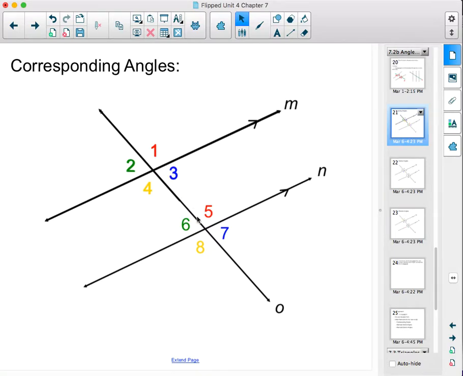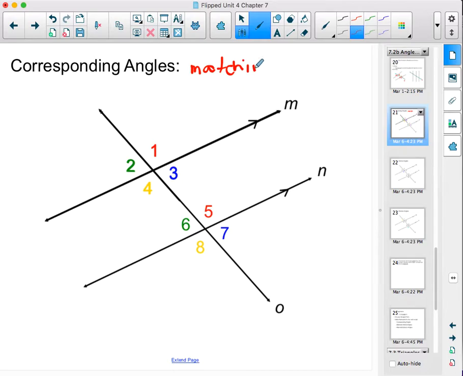When we have the transversal cut through these two lines, we can see we have 8 different angles formed. If you take notice of the angles that match up color-wise, these angles are called corresponding angles. In fact, the word corresponding means matching. Corresponding angles are angles that sit in matching positions.